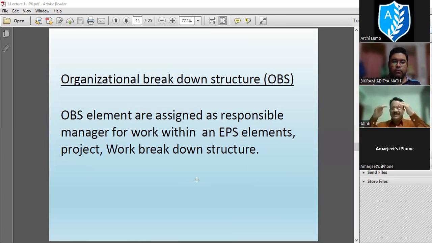It means it is the breakdown of the organizational structure, the management structure.